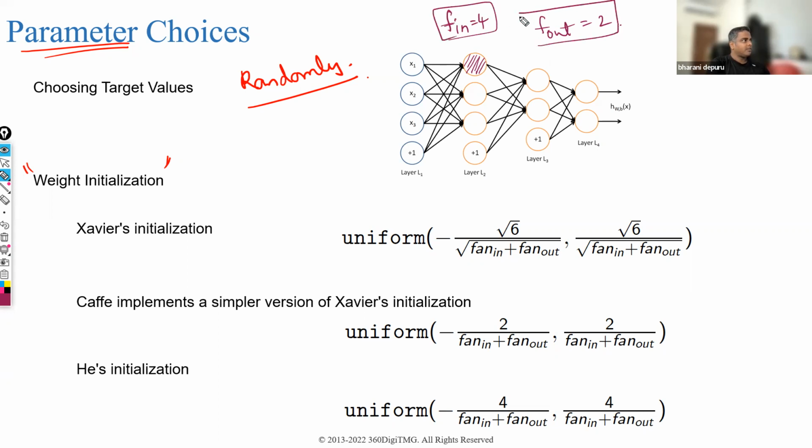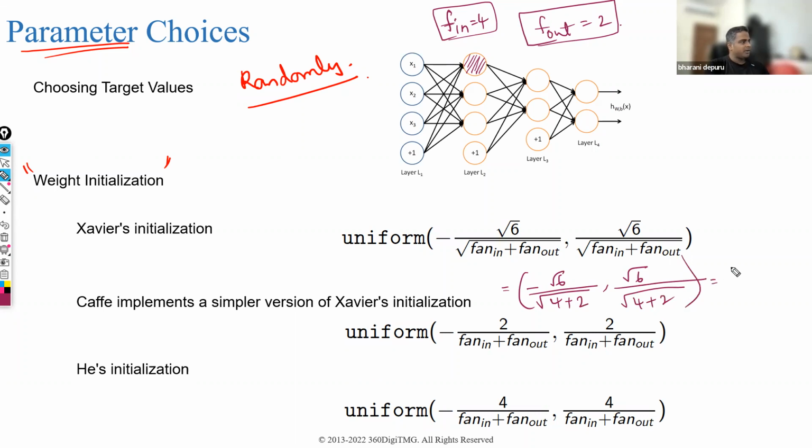You have 4 fan ins and 2 fan outs. Okay, so 4 fan ins and 2 fan outs. So in the uniform distribution, you write it as minus square root of 6 divided by square root of (fan ins 4 plus fan outs 2), comma, square root of 6 divided by square root of (4 plus 2).